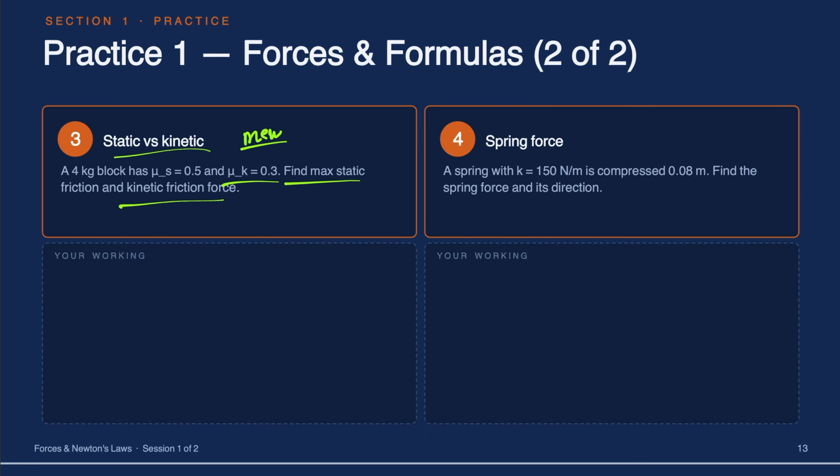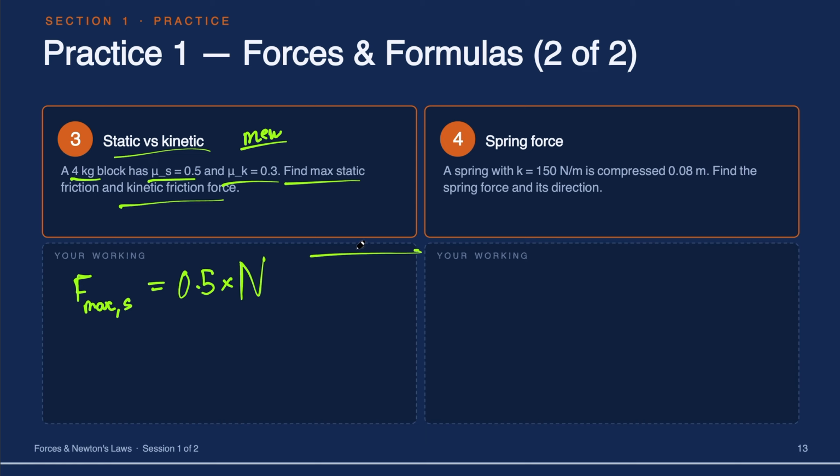Okay, so static: F static is mu s, 0.5, times 4 kg, or 4 kg times what? Think about it. It's 0.5 times the normal force.